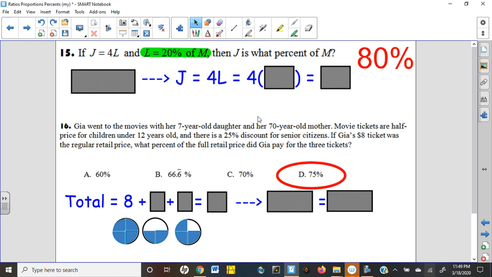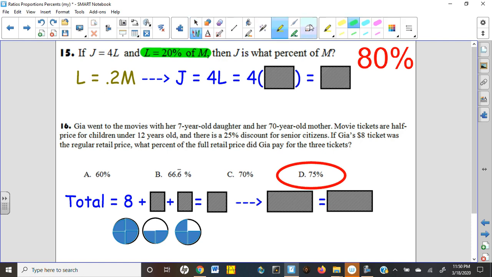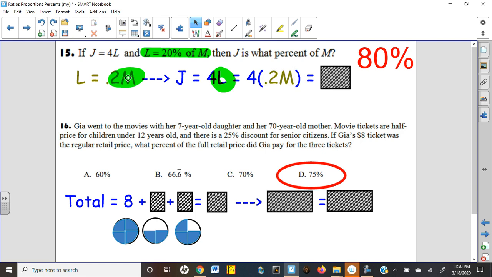Number 15. If J is equal to 4L and L is 20% of M, so there's our equation we have to write. L is 20% of M, so M times 0.2 equals L. Now I have a value that L is equal to, which I can substitute in for L. So J equals 4 times 0.2M, and 4 times 0.2 turns out to be 0.8.